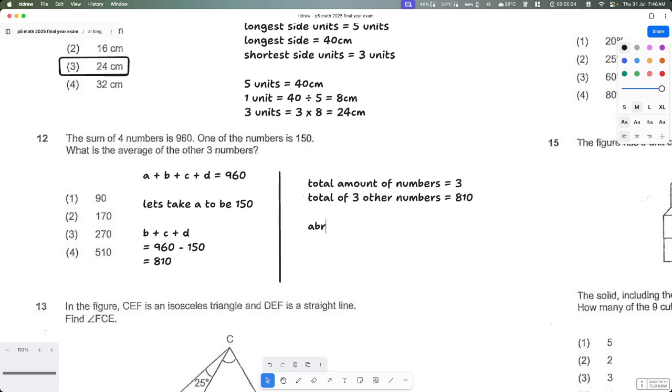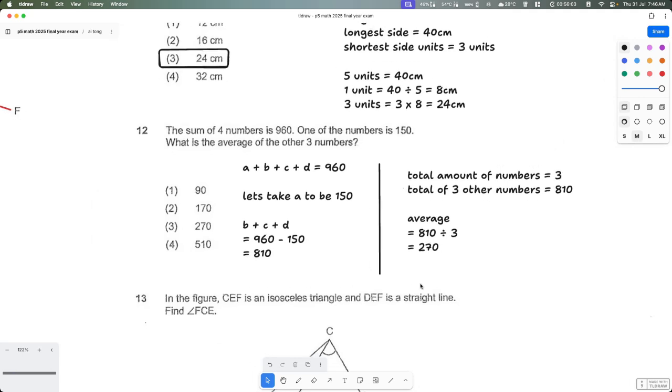So the average is equal to the total divided by the number of other numbers, which is 3. So 810 divided by 3. This should give you 270.